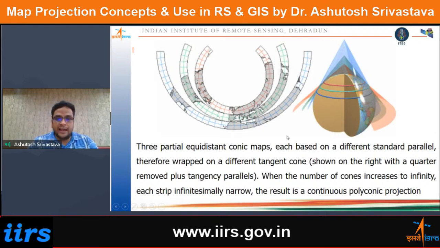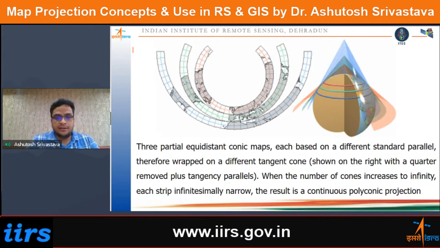And you know that when it is touching, there will not be any distortion along this line. So distortion will not be there, and we take small strips and put them together. In such a map, we try to minimize the distortion. We use different size cones or different geometries. This type of cone tries to preserve all properties, but not all of them exactly.